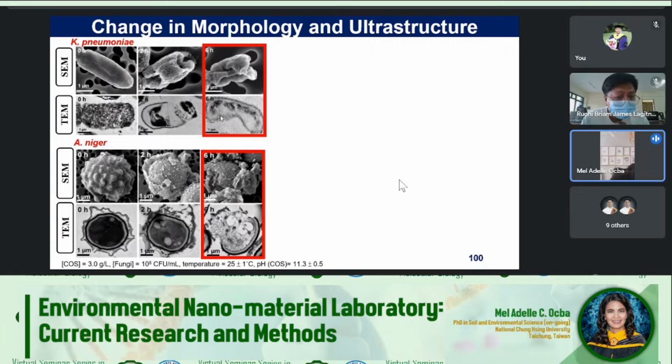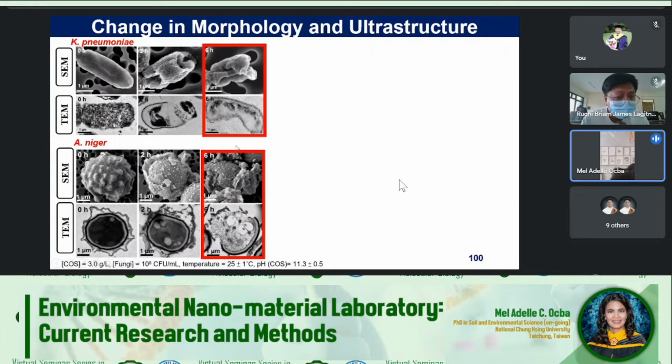So that's the highlight, the comparison of these two instruments, the SEM and TEM. For the SEM, we will only see the surface morphology of the cell or any material, while for the TEM, we will see the inside structure of the cell. It's very clear here, right?